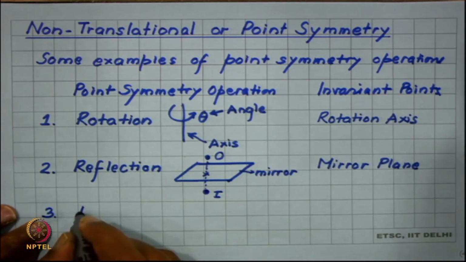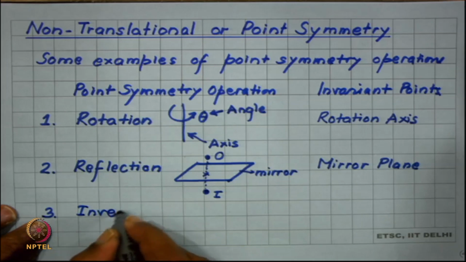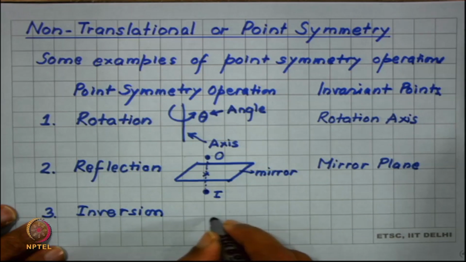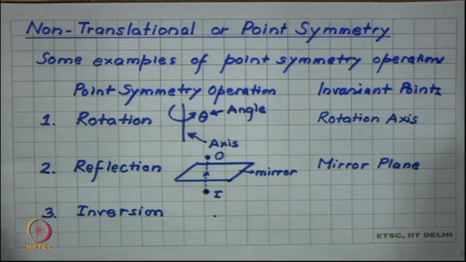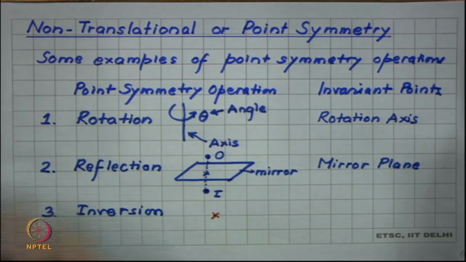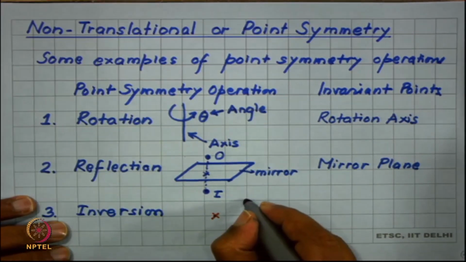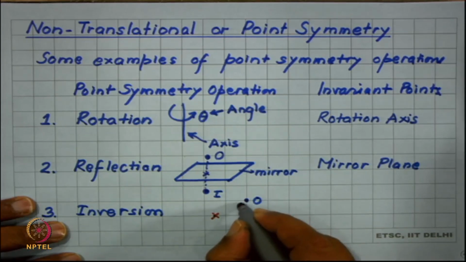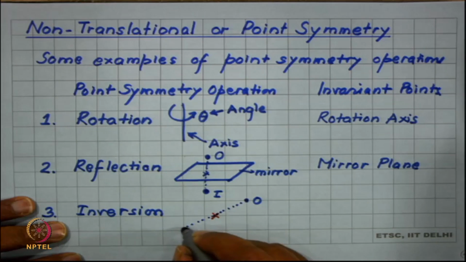Finally, we have inversion. By inversion, we mean that we have a center of inversion. Let me show it with a little red cross. That is my center of inversion, and any point will be imaged through it to a point at an equal distance on the other side.